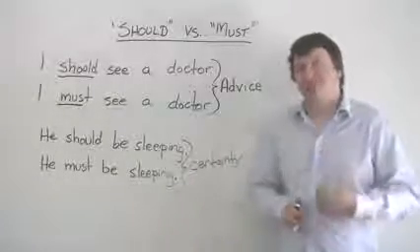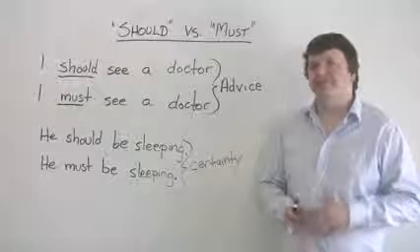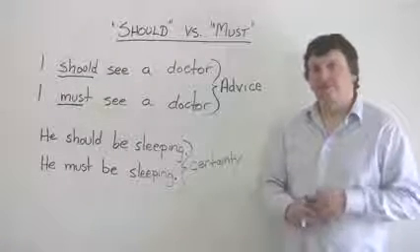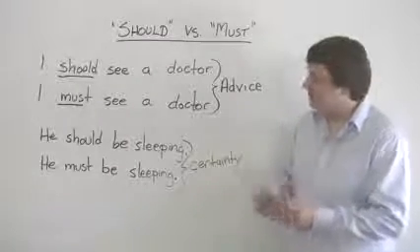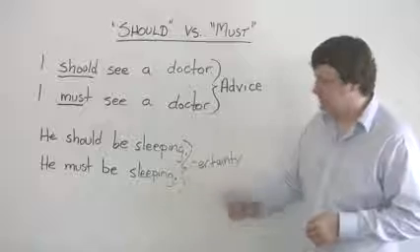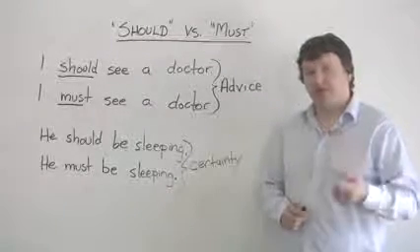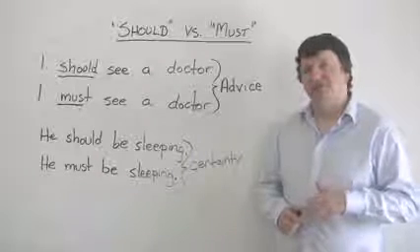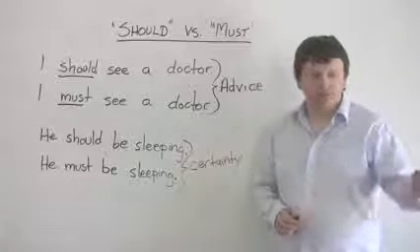So certainty refers to how sure you are that something is happening, something must be happening, or something should happen or must happen. So in these examples, he should be sleeping and he must be sleeping. So for example, if you come to class in the morning and your best friend is missing, your best friend is not in the class, and I ask you, well, where is John?